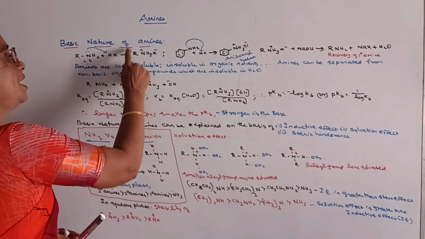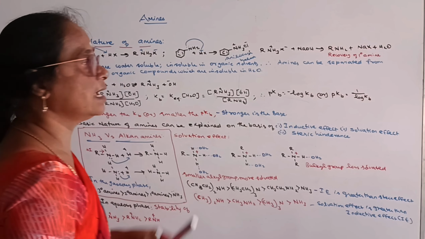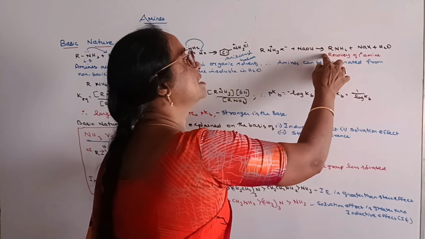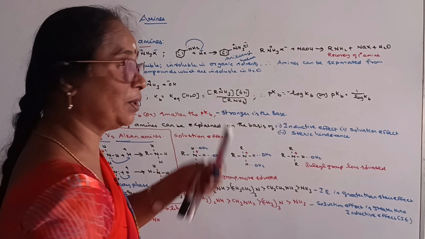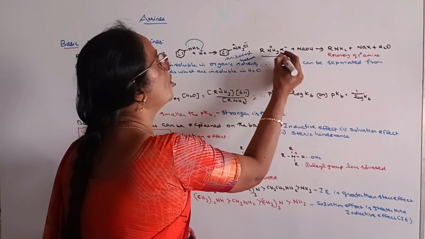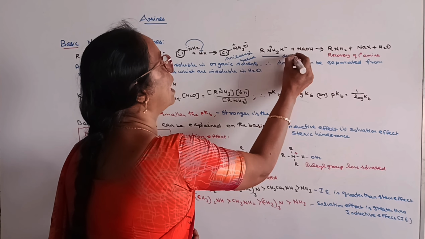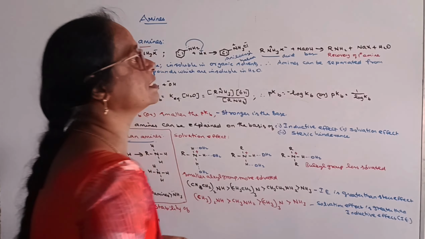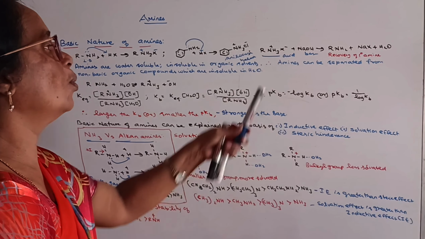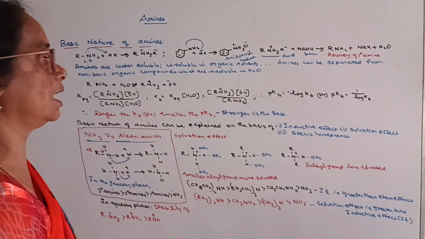Moreover, from the alkyl ammonium halide, even the primary amines can be recovered by treating with a base. So this alkyl ammonium halide behaves as an acid, and hence it reacts with the base to form once again amines and water along with sodium halide.